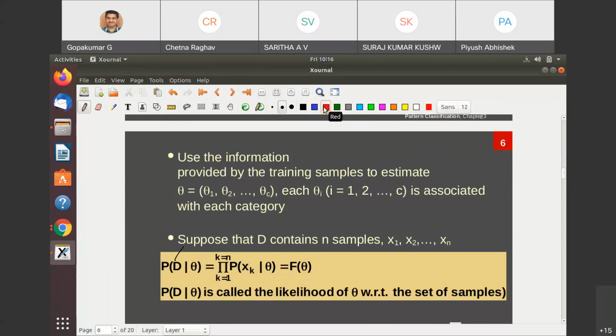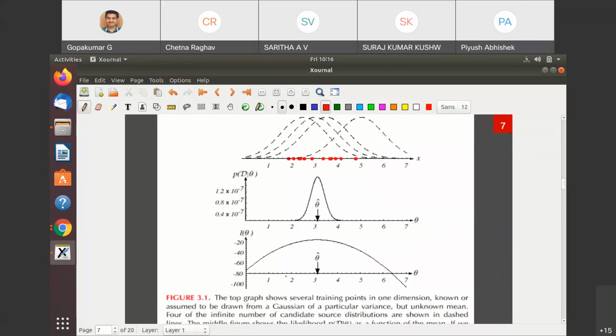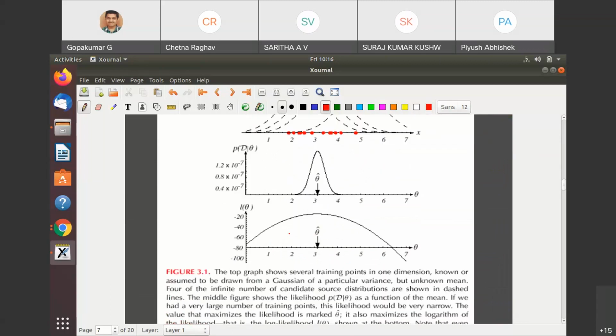We have also seen a sample case where, for given data, we looked at theta cap and the log likelihood representation, and in that case also theta cap represents the best value.